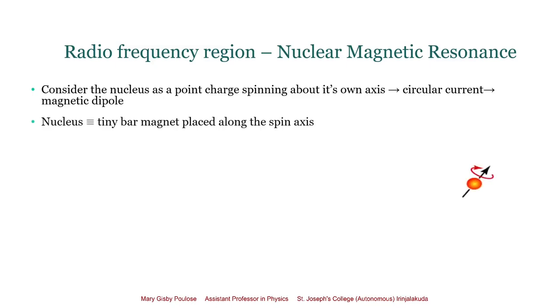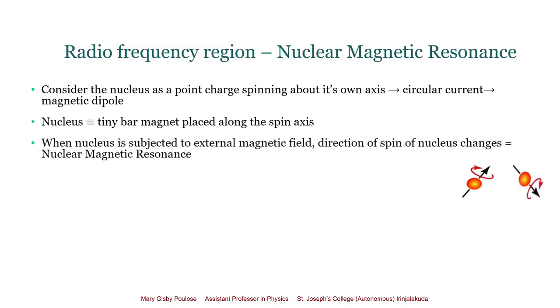Thus, the nucleus is identical to a tiny bar magnet that is suspended along the spin axis. Now, when this nucleus is subjected to an external magnetic field, that is, when radiation is falling on this nucleus, radiation having electromagnetic components.